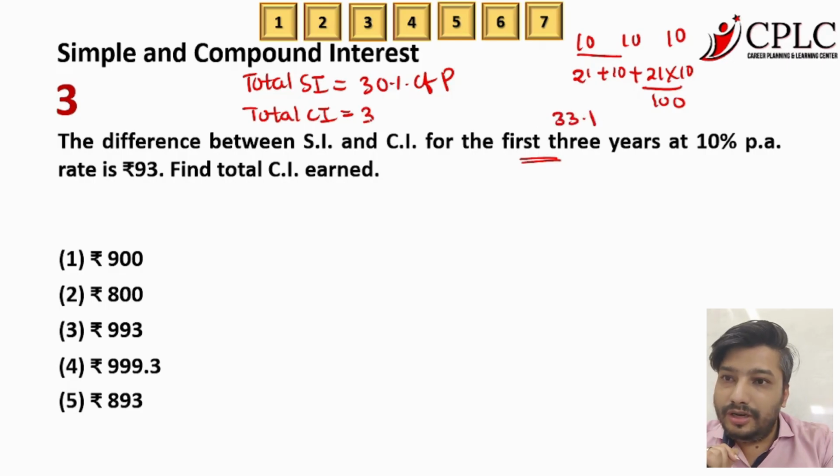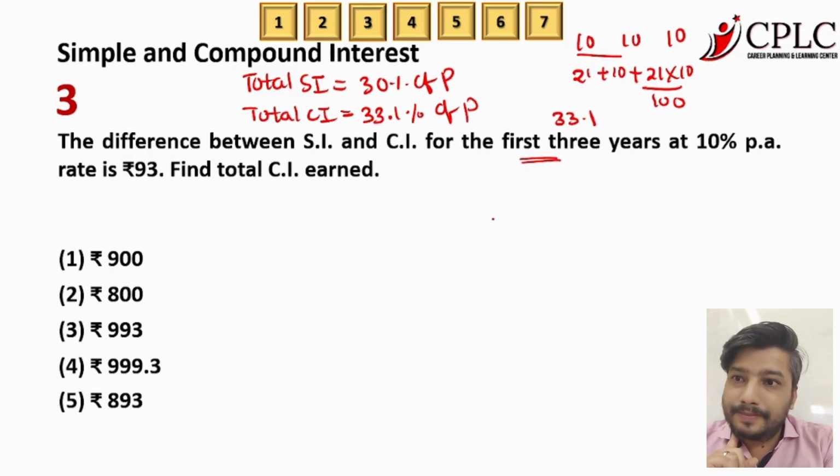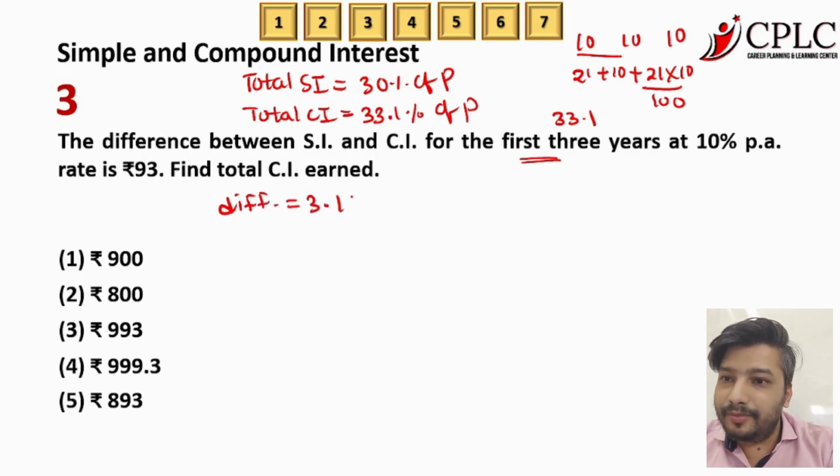So total compound interest becomes 33.1% of principal basically. Now if you further want to solve this, now you can take the difference. So the difference is going to be, if you really take the difference, 3.1% of principal to be precise basically. 3.1% of principal to be precise.